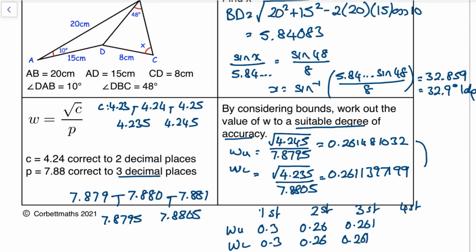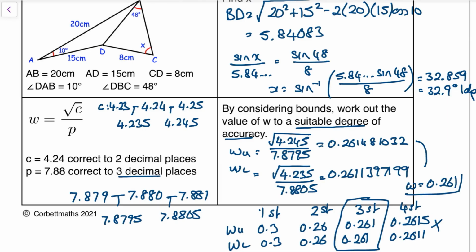Good. 4 sig fig is 0.2615 and 0.2611. These are not the same, so therefore I can't use 4 sig fig, so I must use 3 sig fig. So therefore the answer is W equals 0.261, and that is my final answer.